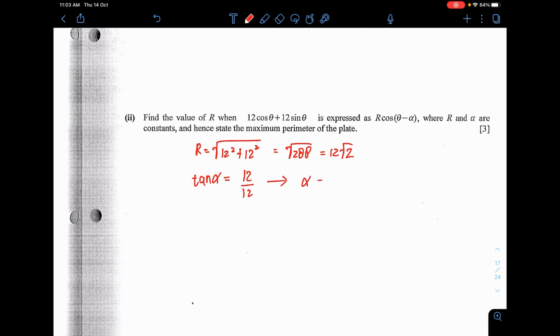So then alpha must be 45 degrees, pi over 4, if I put in the radian mode. Hence, the perimeter that we got just now is 22 plus, by the R formula, 12 root 2 cosine (theta minus pi over 4).